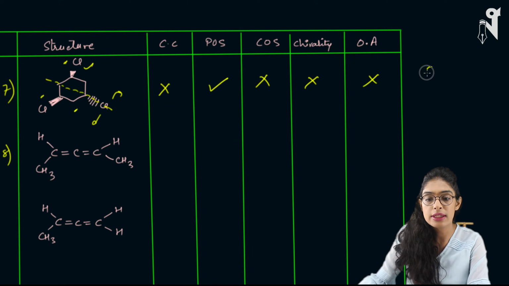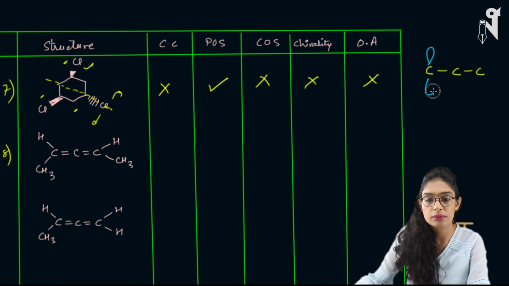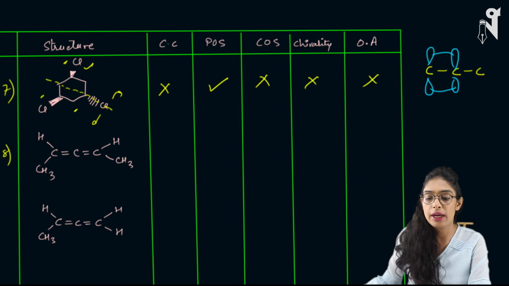So let's see first how things are. Basically, I'll draw the plane with a different color. Basically, this carbon is forming a pi bond over here. Okay, right? And your H and CH3 will be in the perpendicular plane to it.